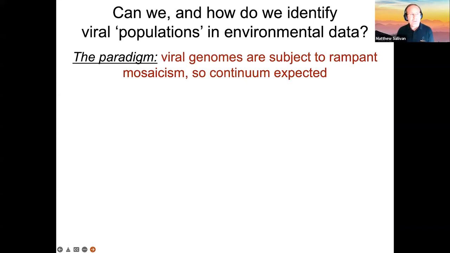So when we think of viruses, we often think of them as being fast evolving and subject to rampant mosaicism. And so it really calls into question whether we should even be able to see populations in environmental data.